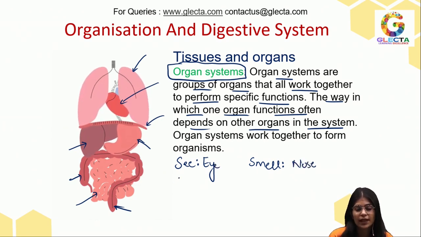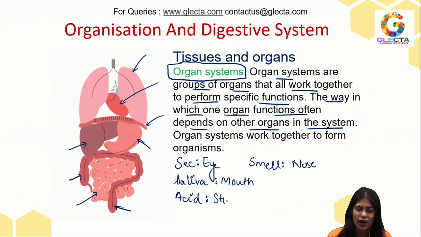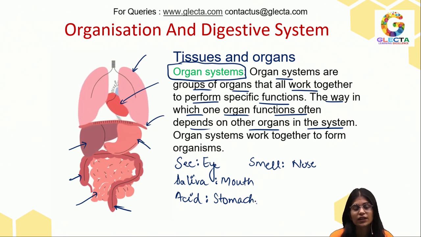You see them, then in your mouth there is saliva. Saliva is in the mouth. Then your stomach starts producing acid, which is in the stomach. Or sometimes even your stomach makes some kind of noise. So that's because of stomach. So all these things are interconnected.